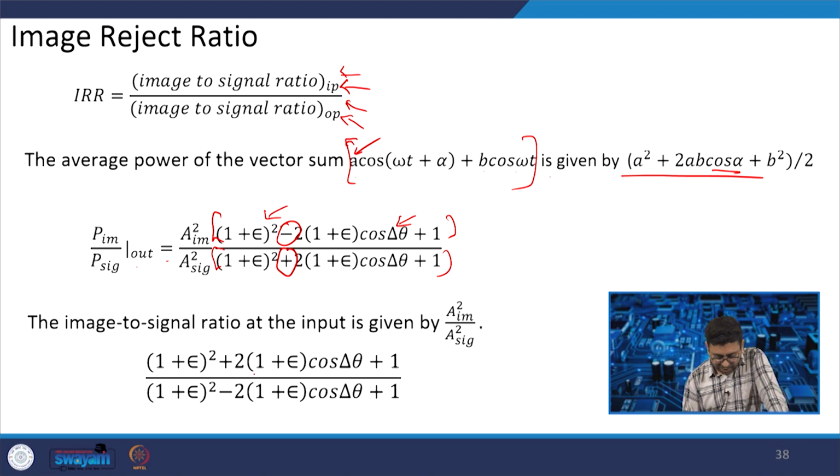You can observe this is the image rejection ratio, and there is a positive term at the top and a negative term at the bottom. We want the image rejection ratio to be as high as possible, that is our requirement. If you know the phase error and the amplitude error, you can calculate the image rejection ratio.